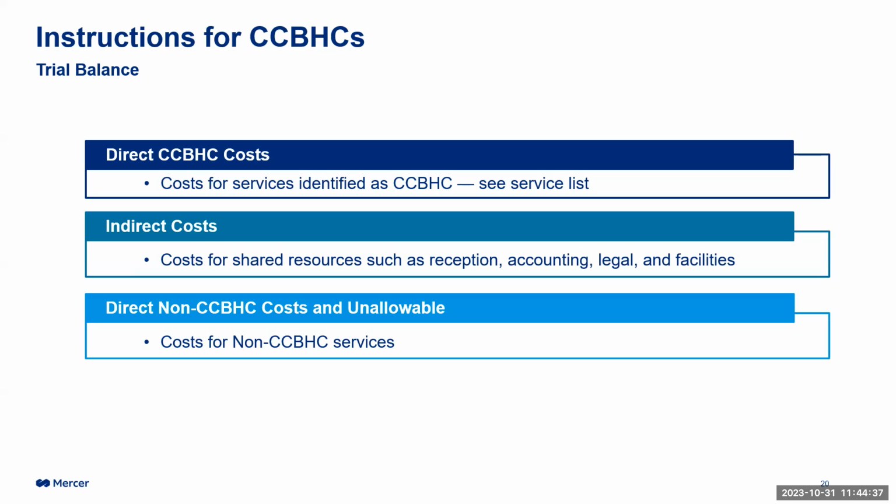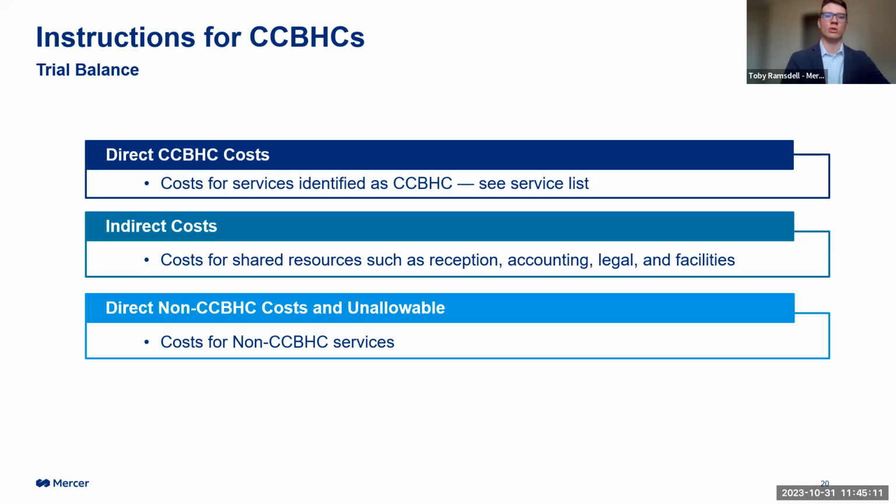All right, so to quickly summarize while Mike figures out his phone situation, we can go back to the beginning of this slide just so I make sure I capture everything. Direct costs, as we covered earlier, as Camilo mentioned, are the costs for the services that are identified as CCBHC. You can reference that state service code list that was shown at the beginning, and we'll show that on the next slide as well. Indirect costs are costs that are shared. You may think of these as overhead costs or facility costs.